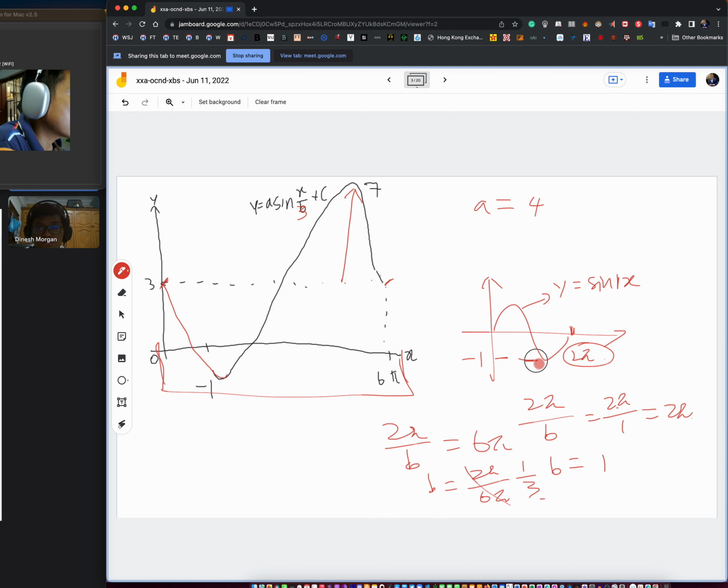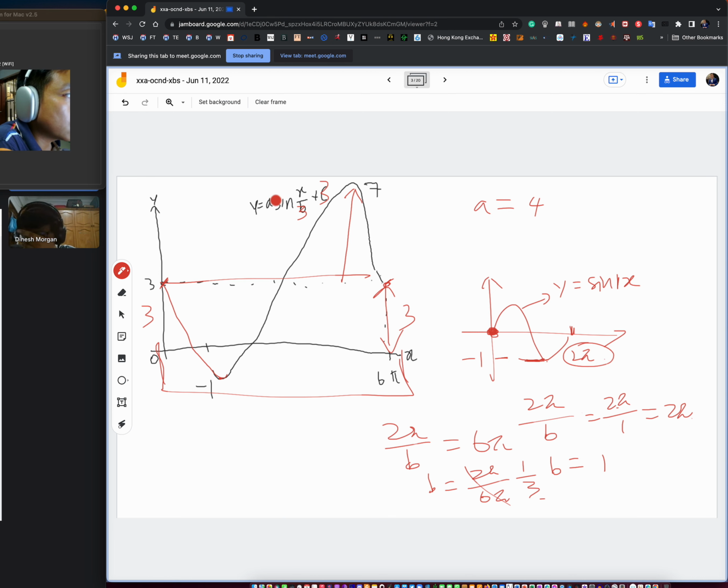So now the minimum point, it's supposed to be 0, right? So now this one raised to 3, right? So yeah, 3.